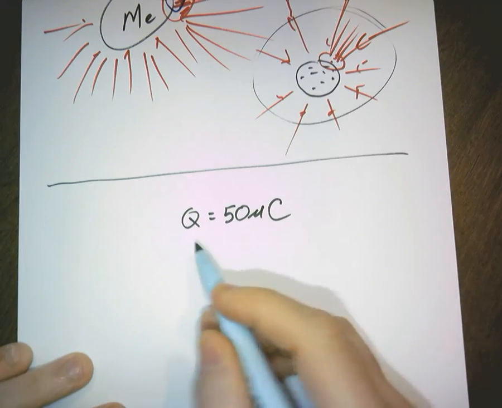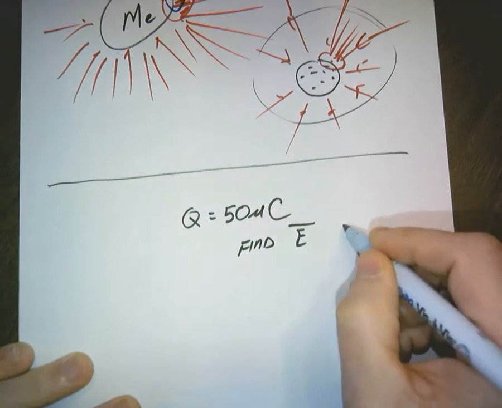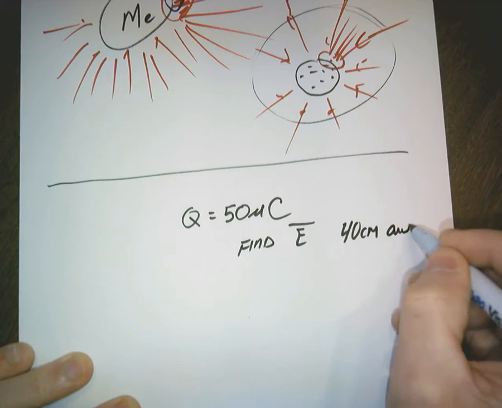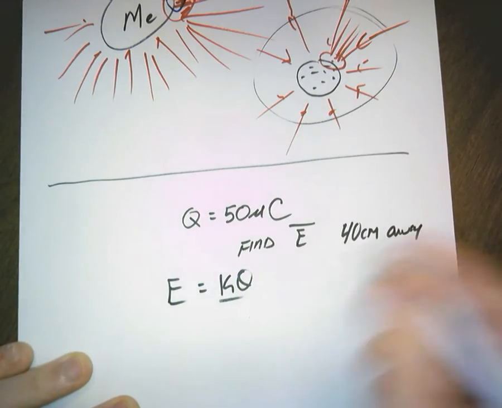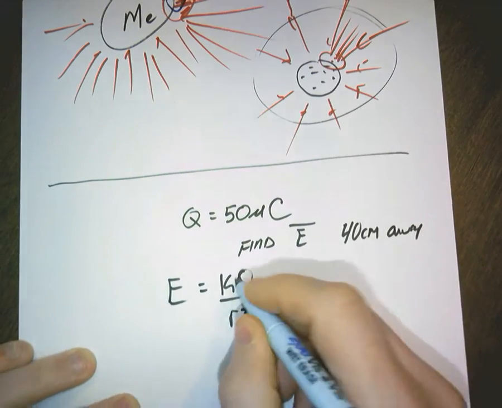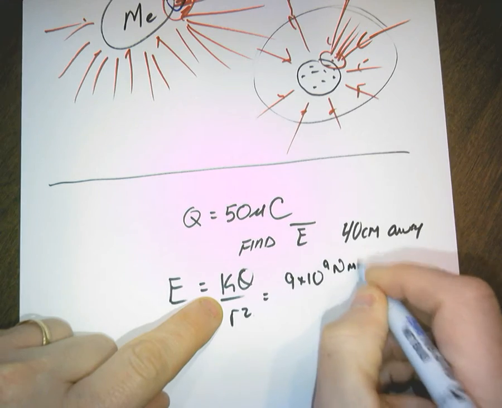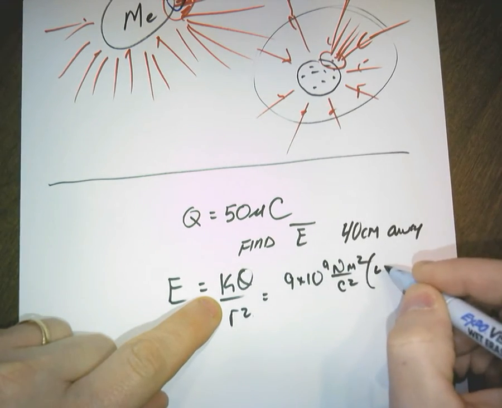Let's find E 40 centimeters away. I'm not going to bother with direction, we're doing just the math. K is 9 billion newton meters squared per coulomb squared. Hopefully we can do this in our head.